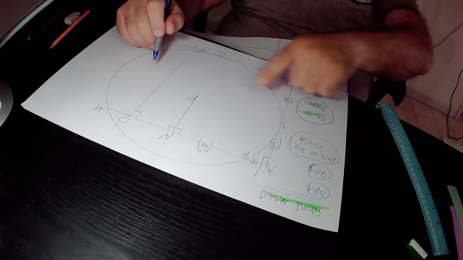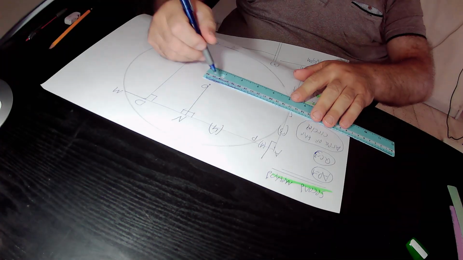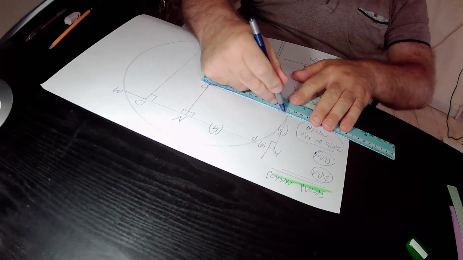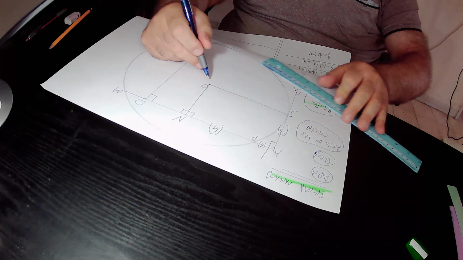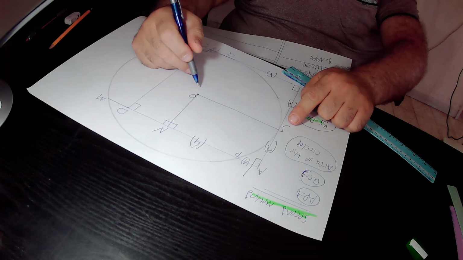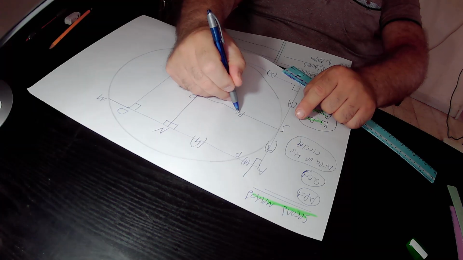In the next step, we join points O and S together by a straight line. Point O is the center of the circle, point S is a point on the circle itself. Therefore, OS is the radius of this circle.